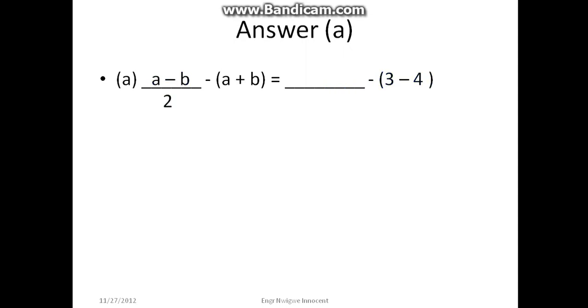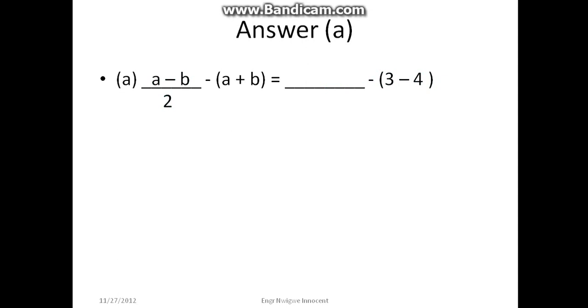Answer a. a minus b over 2 minus (a plus b) is equal to, since we are given that our a is 3 and our b is minus 4, we substitute the values.